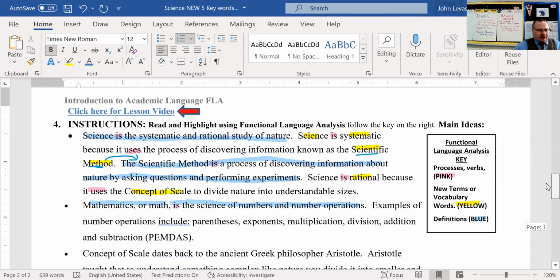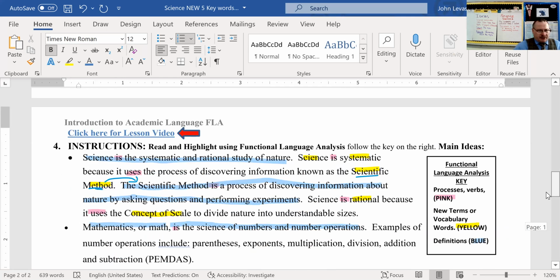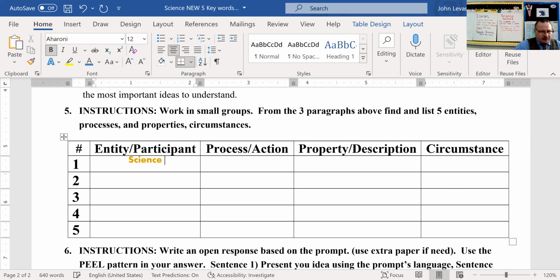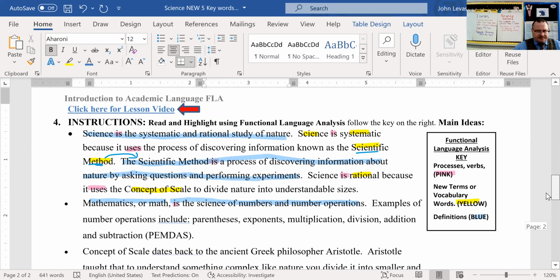And let's go up there and get a couple of examples. Well, science is an entity. And we know that is a very common process or action in science writing. Let's see if we can find an adjective. Rational study. What kind of a study? A rational study.